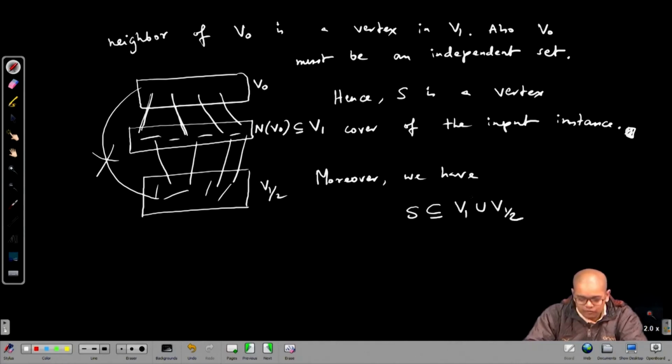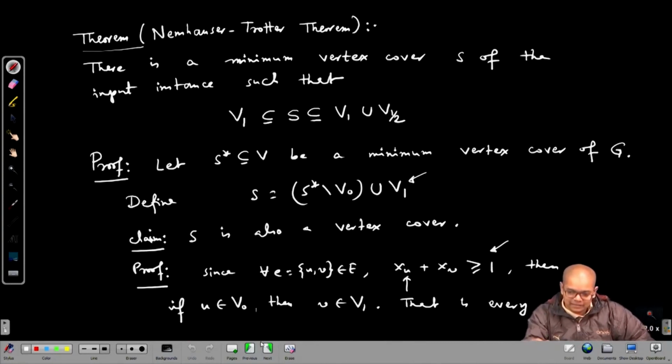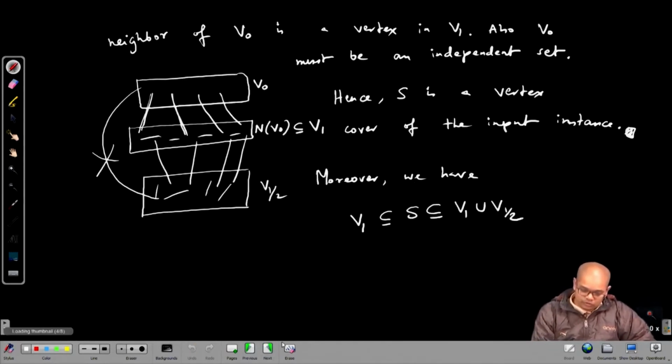It contains all vertices in V1 and it does not contain any vertex of V0. So this is a superset of V1. It contains all vertices of V1. So S has all these properties. It is a vertex cover. Next, we claim.